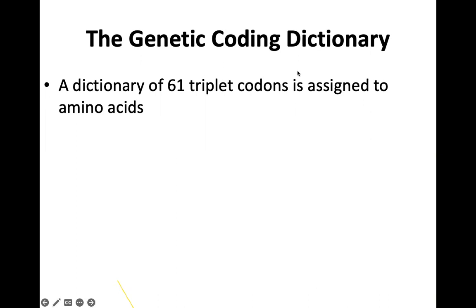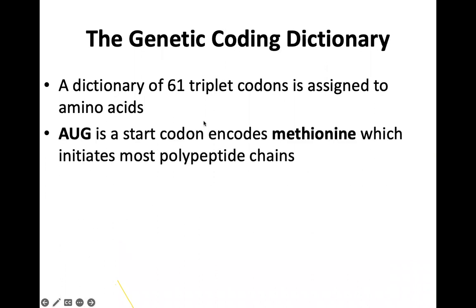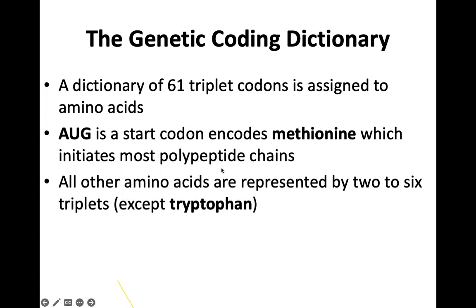Now there is a dictionary of the genetic code, and there are 61 triplet codons assigned to the amino acids. AUG or ATG is basically the start codon, and this encodes for methionine, which initiates the polypeptide chain. While there are stop codons, and all of the amino acids are generally represented by 2 to 6 triplets except tryptophan.